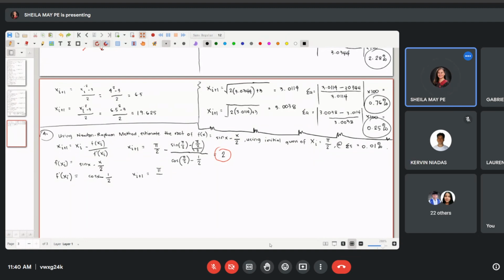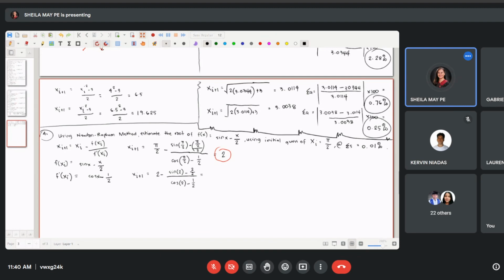That's 2. That is 2 minus sine of 2 minus 2 over 2, over cosine of 2 minus 1/2.